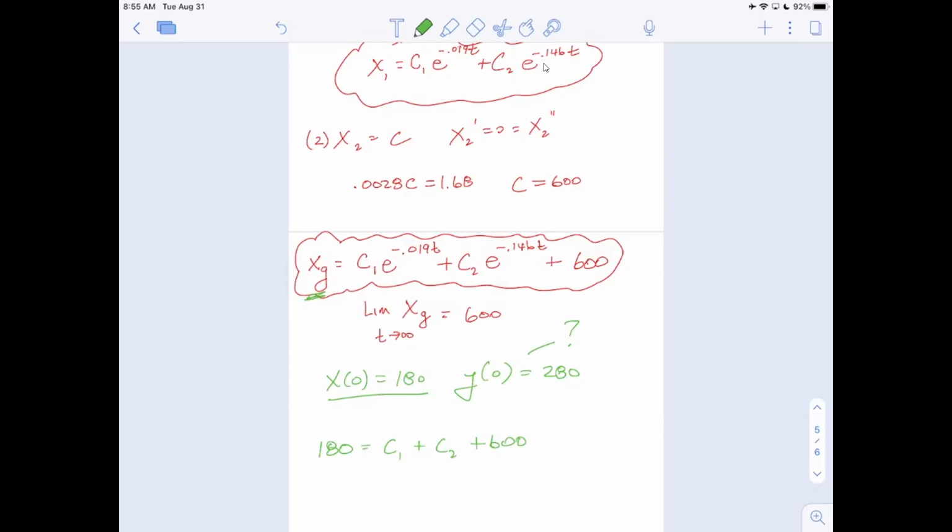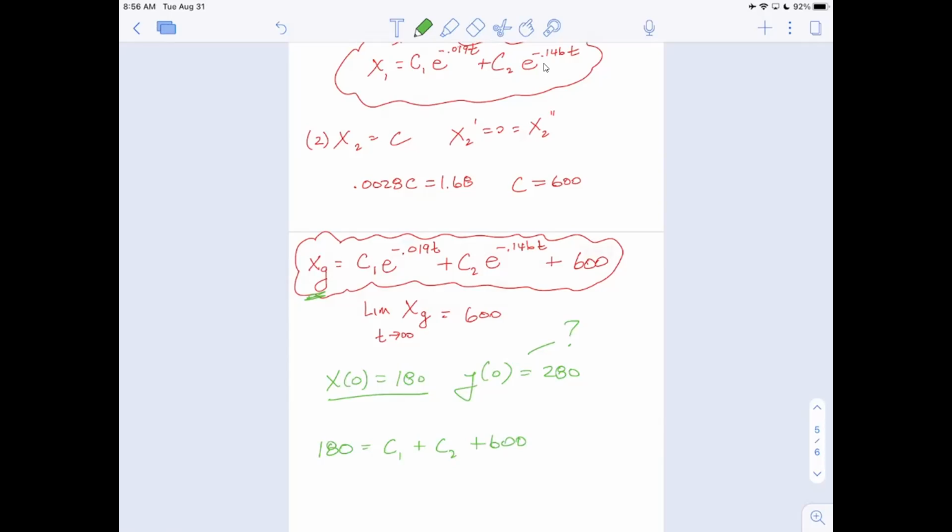And y of 0 doesn't do me any good here because I don't have a y of 0 equation. Well, I guess I could go back and start all over and get the y equation. I have x of g, couldn't I get y of g? But isn't that 2 totally separate equations? And so it's not like it's going to give me another equation with the same C1 and C2.